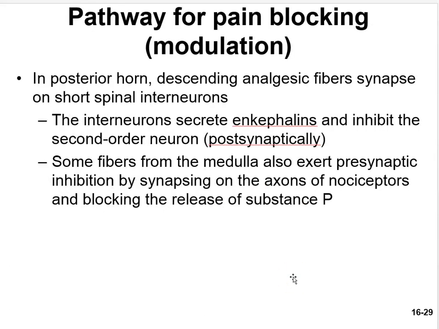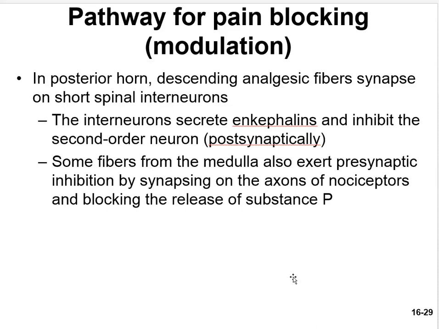But in pain blocking or in pain modulation, in the posterior horn, descending analgesic fibers synapse on short spinal interneurons, and these interneurons secrete enkephalins, and then inhibit those second order neurons.